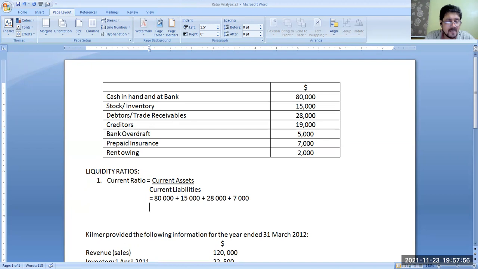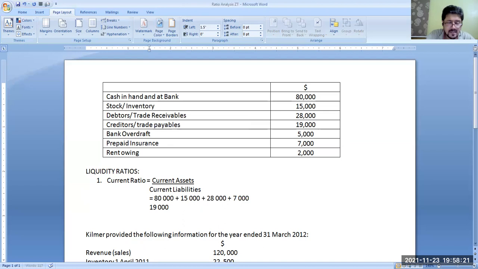Now, current liabilities: we have creditors, now called trade payables, 19,000.